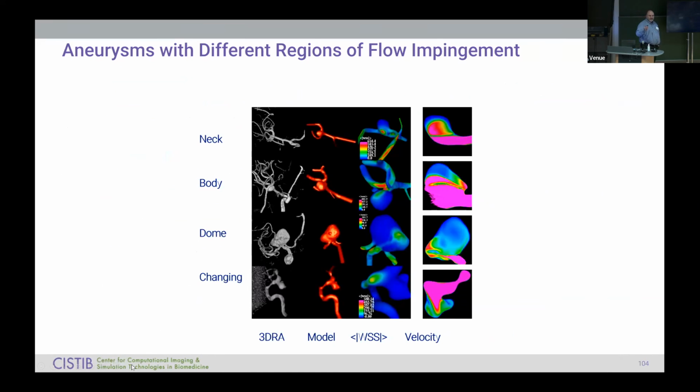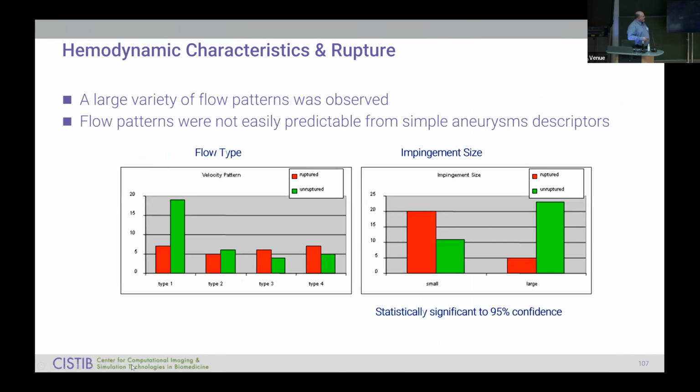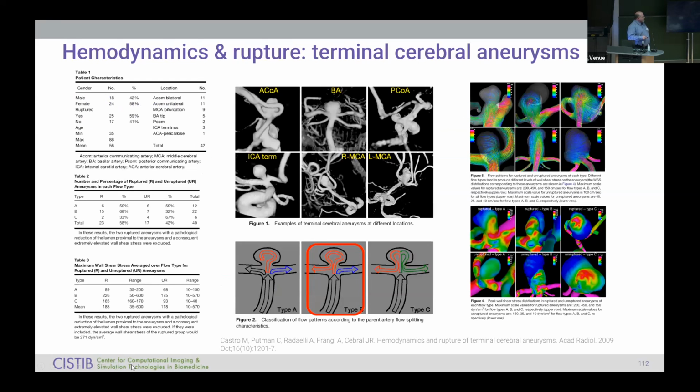These are time sequences in 4D, in 3D, of vector quantities, right? You can then utilize those metrics to ask what type of flow pattern correlates more or less with rupture, and start looking at what type of patients are less or more likely to have problems.